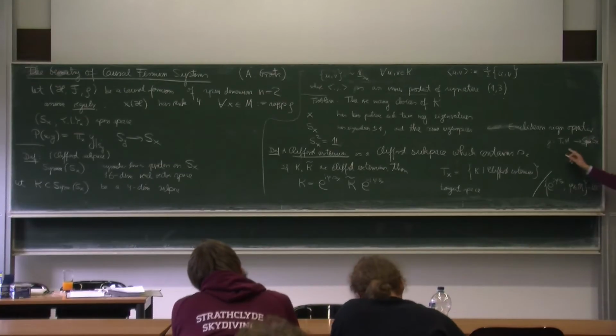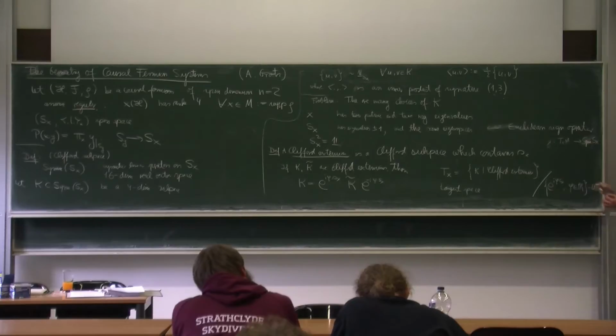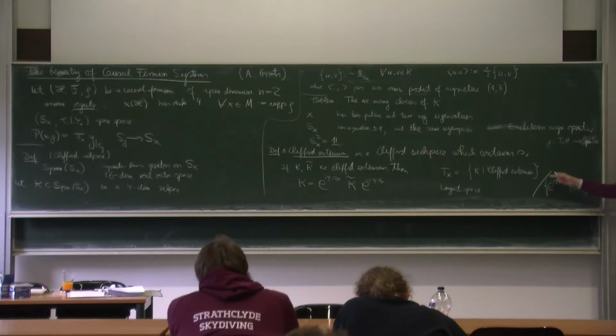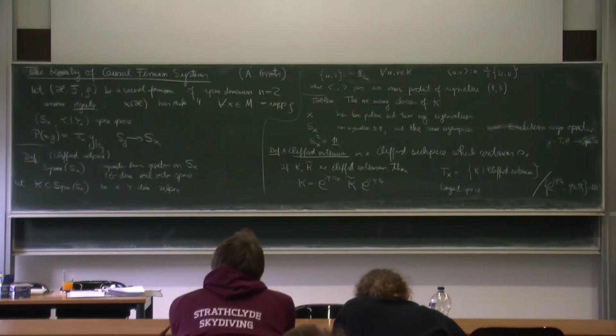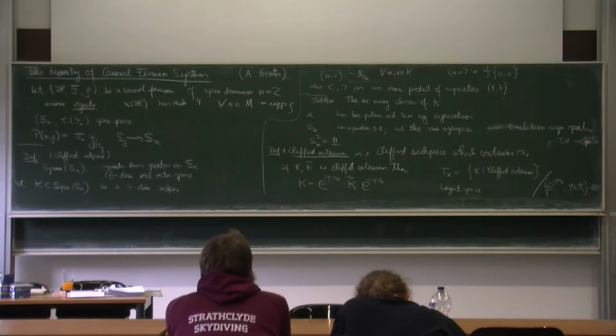This is something we don't have here, because suppose we have a curve with a velocity vector: how should we associate to this curve a specific linear operator acting on the spin space? So this is also something which is missing here at the moment.